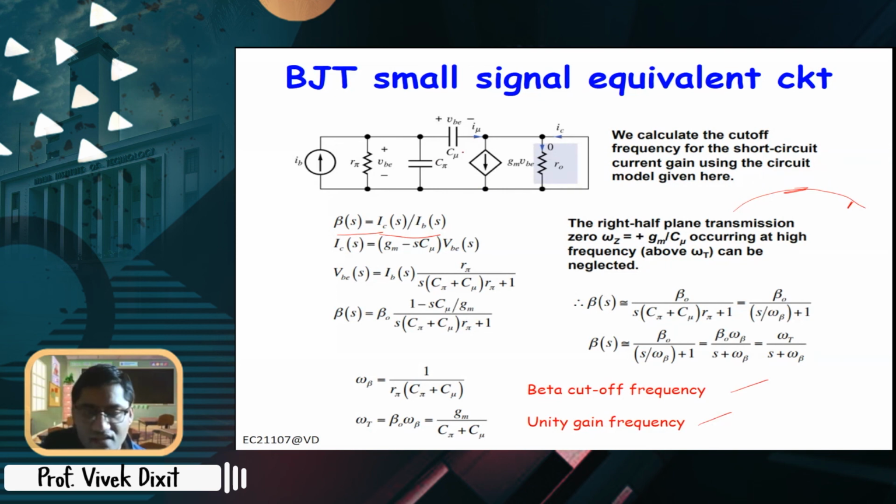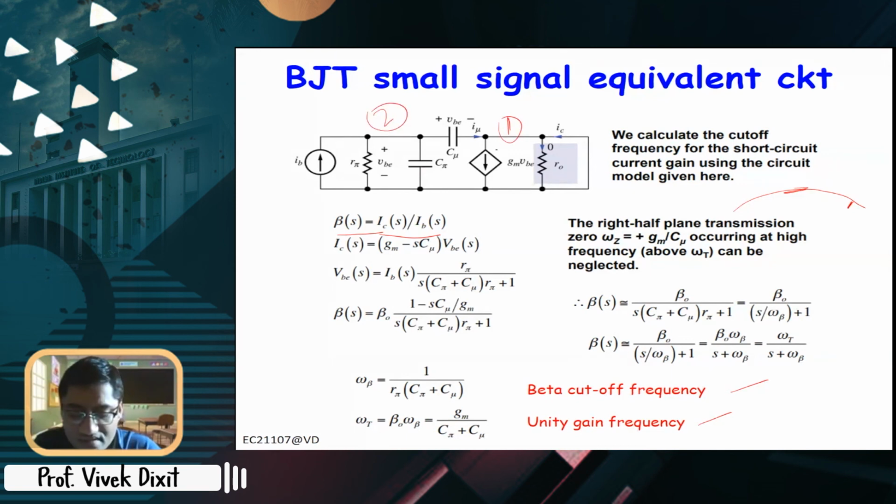This IC by IB you can obtain. Now this is a small signal equivalent circuit for common emitter. This is the short circuit current at the collector output, IC, and this is the input base current. This is a simple circuit where you can just do node analysis. Let's say this is node 1 and this is node 2.